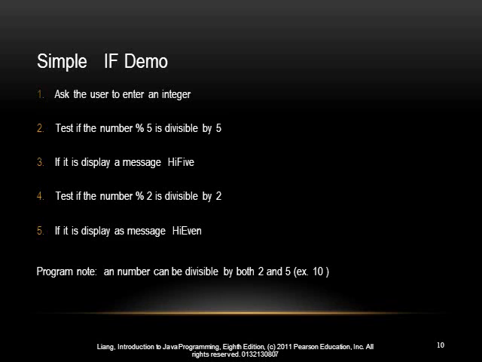And we'll go on to the next test to see if it's divisible by 2, and display the message high even if it's divisible by 2. Now remember, the remainder operator will return 0 if it's evenly divisible by 5 or evenly divisible by 2. Okay? And a number can be both divisible by 5 and divisible by 2. The number 10, for example, or 20.